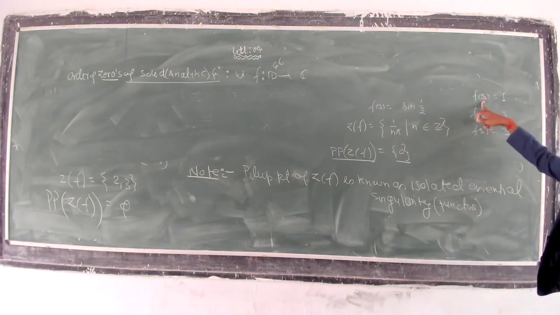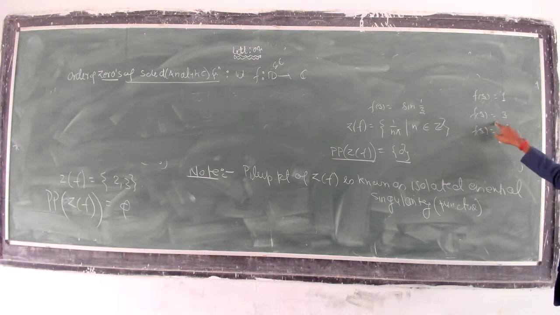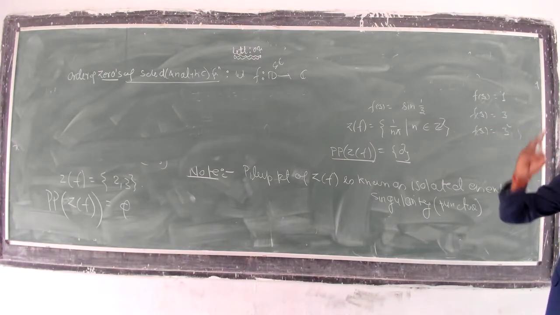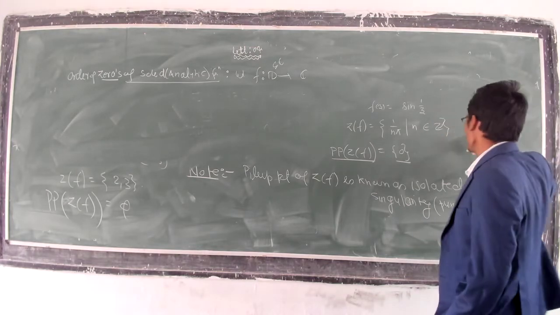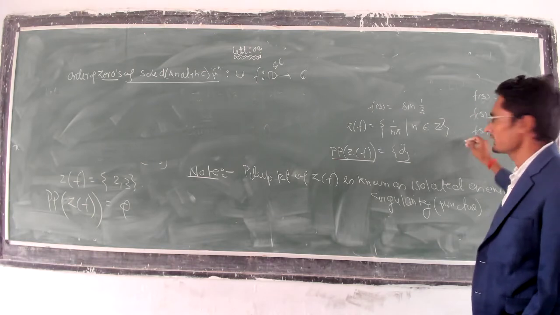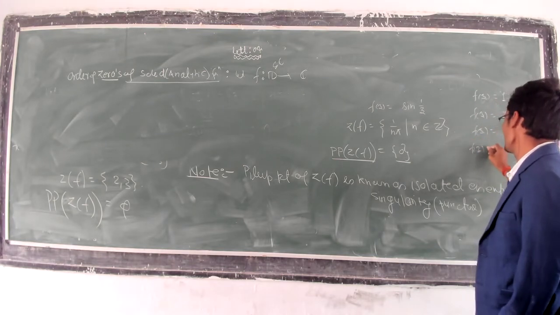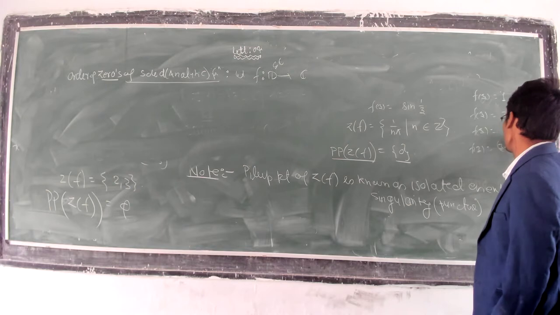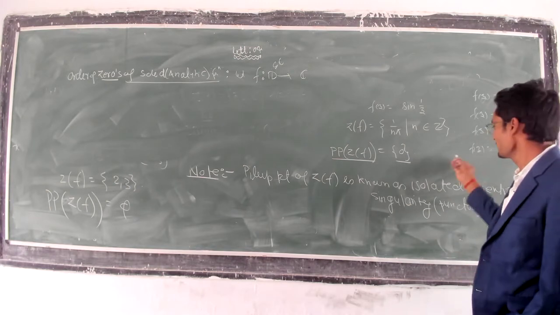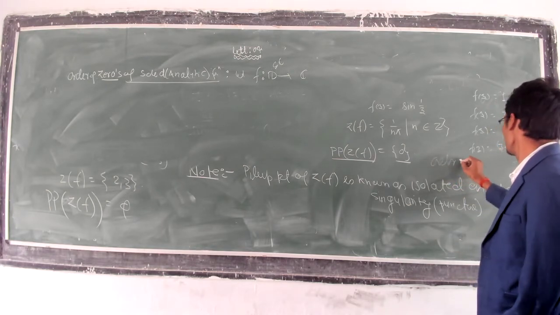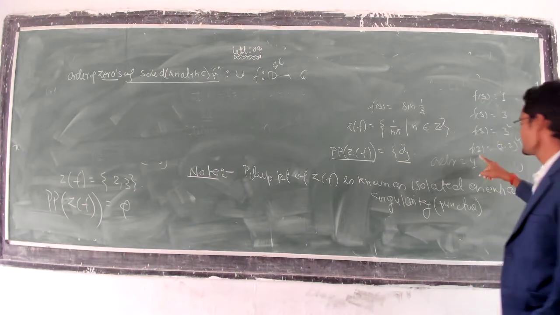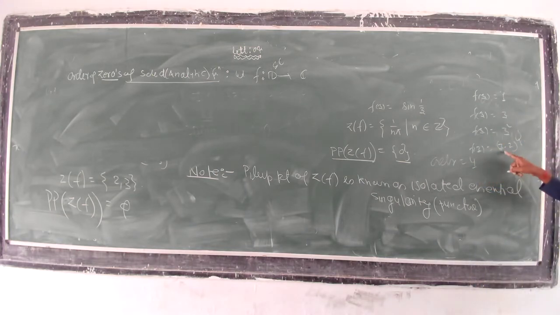Here order 0, it is not tending to 0. This order will be 1. This order will be 2. Right? At what point? Point 0. If I have f(z) equal to (z minus 2) to the power 4, then what will be the order? Order will be 4. This function tends to 0 at z equal to 2 with speed 4.